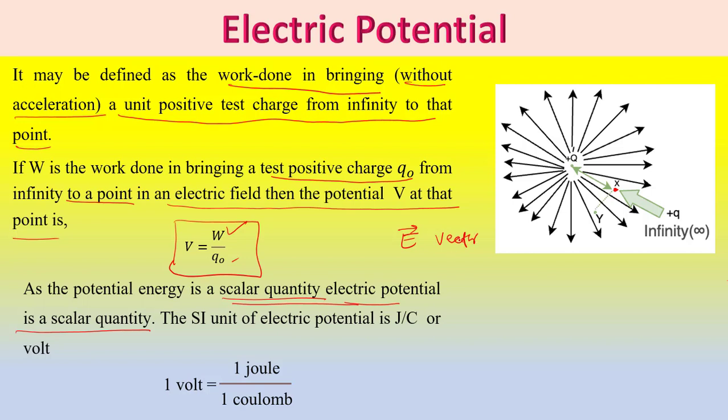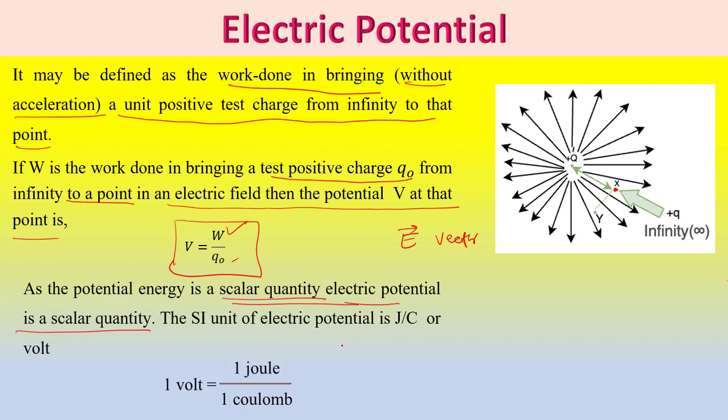So if we are not interested in the direction part or complication part, because that is difficult to add, whenever you want to add two quantities, if they are vectors, then it is difficult to add because you have to take into account the directions also. However, if it is magnitude, then it is easy, or if it is scalar, you don't have to care about it, you can directly add them.